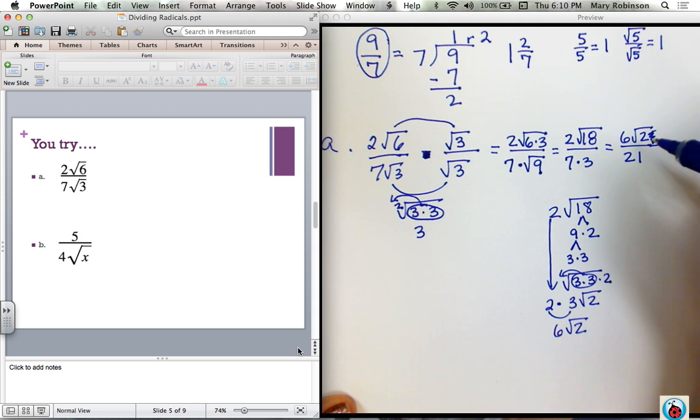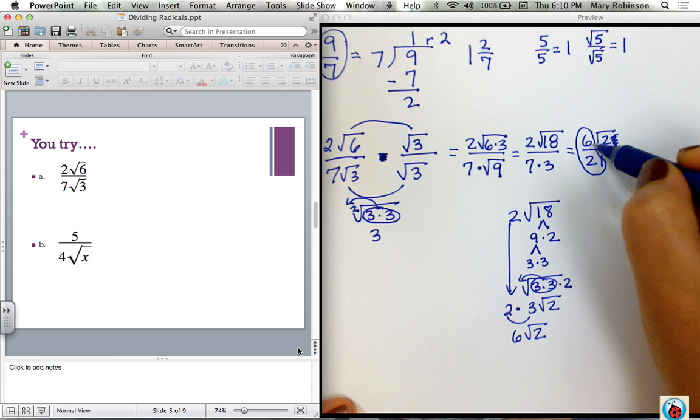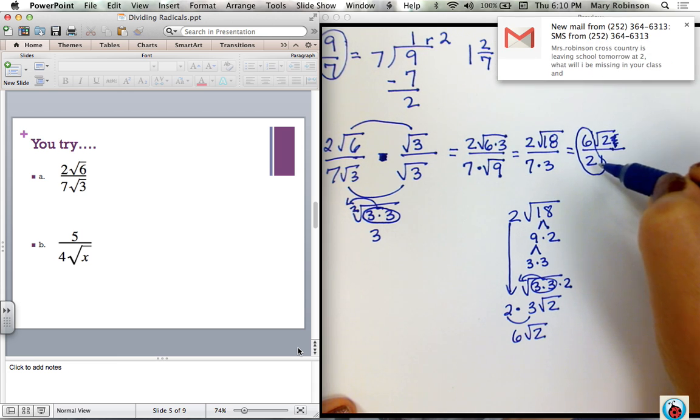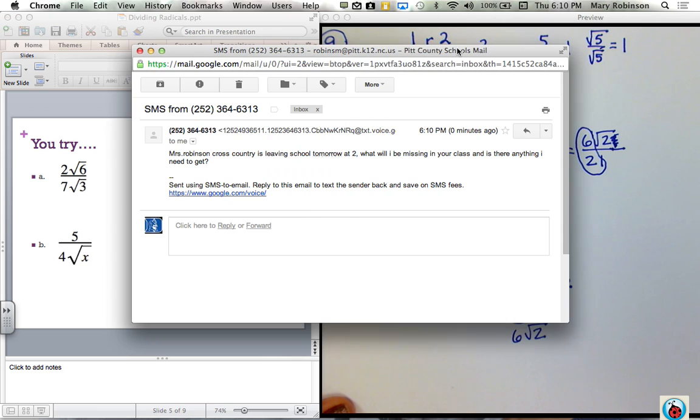One thing to keep in mind is that you cannot reduce numbers under the radical with numbers outside of a radical, or not having a radical at all. But you can reduce the numbers on the outside here. So if I consider 6 and 21, I might recognize that my factors for 6 are 2 and 3, and my factors for 21 are 7 and 3.